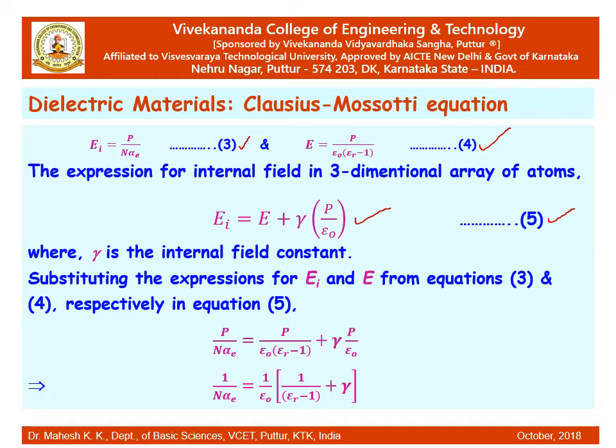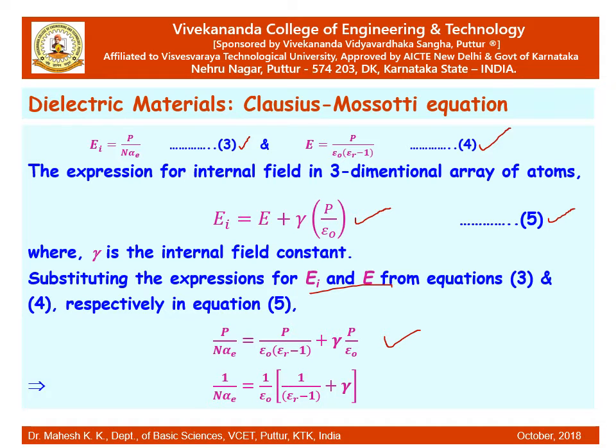Substituting the expressions for E_i and E from equations 3 and 4 respectively in equation 5, it becomes P by n alpha_e is equal to P by epsilon naught into (epsilon r minus 1) plus gamma into P by epsilon naught.